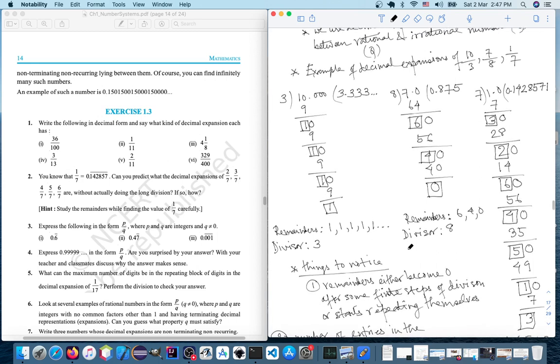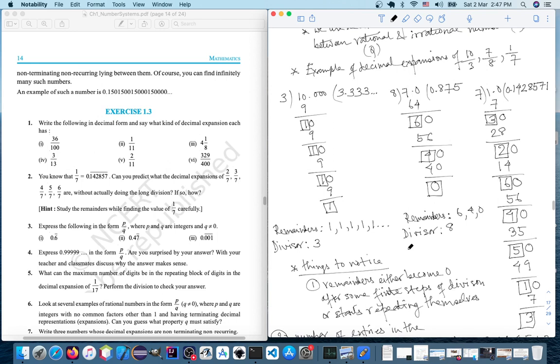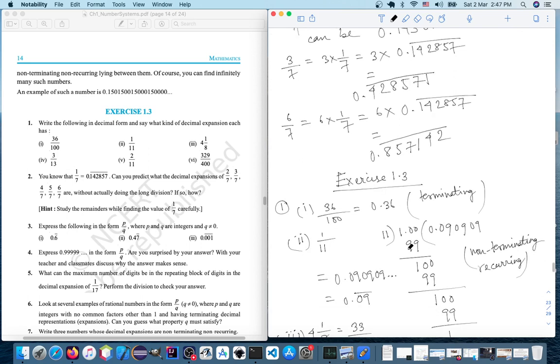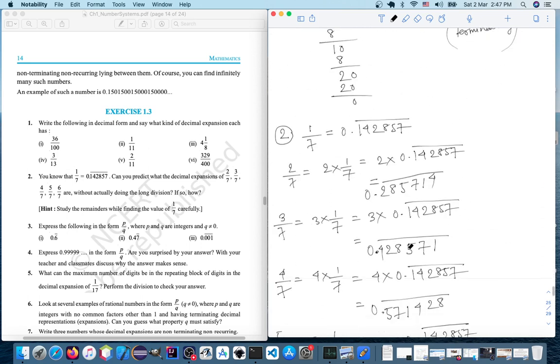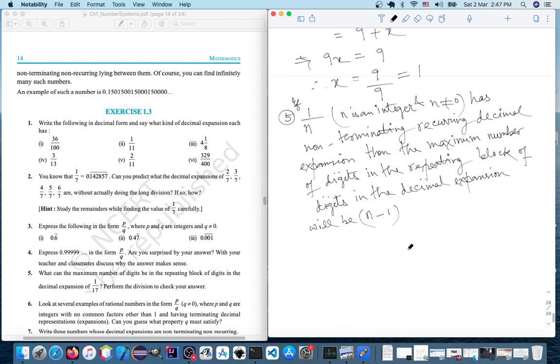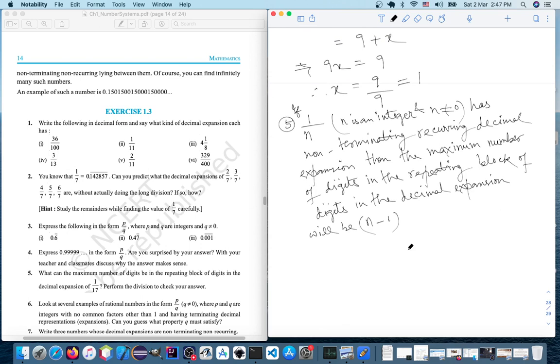So the maximum it could be is 1 less than the divisor. That is the reason we are saying that if 1 by n has a non-terminating recurring decimal expansion, then the maximum number of digits in the repeating block will be n minus 1.